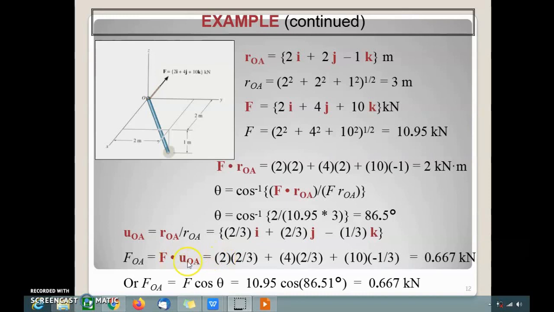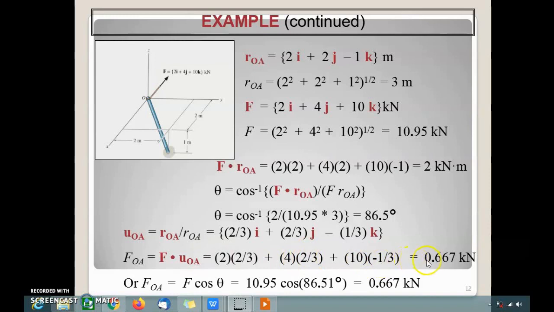To do the dot product, please remember the equation: the i component of F is multiplied with the i component of UOA, the j component of F is multiplied with the j component of the unit vector, and so forth.